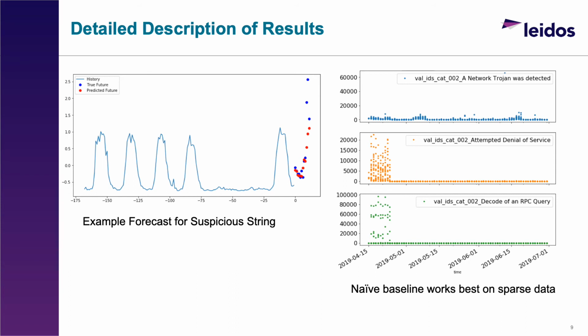Or they had pretty low variance, but still enough variance to be considered. On the left-hand side, you can see an example forecast of the LSTM model. It forecasted reasonably well, and then as you got further out in the forecast, the error increased.